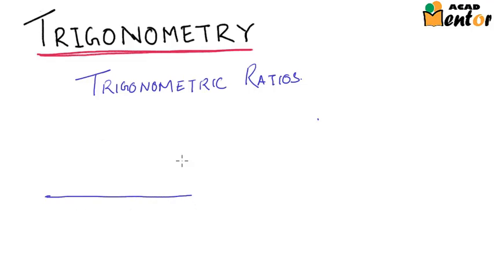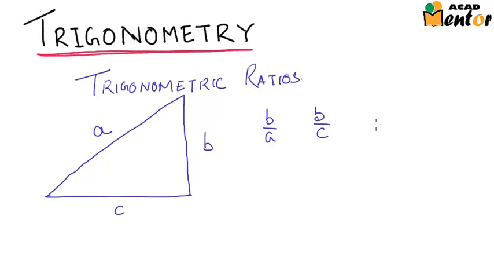In the previous video we saw that if there's a right angle triangle, say the hypotenuse measures A, this side measures B and this side measures C, then the ratio of their sides, say B by A or B by C or A by C, or even their inverses, only depend on the angle that exists in the right angle triangle.